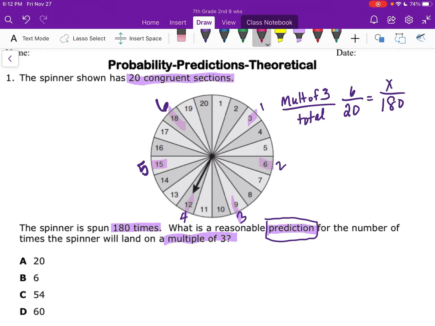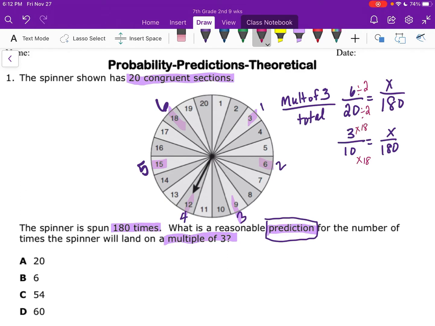Okay, I am a strong advocate of simplifying whenever you can. So we can simplify by 2, and that will give us 3/10. Now you solve the proportion the way your teacher told you to solve it. You can either find a constant of proportionality, which this one would be easy because 10 times 18 will give us 180. So our answer will be 3 times 18.